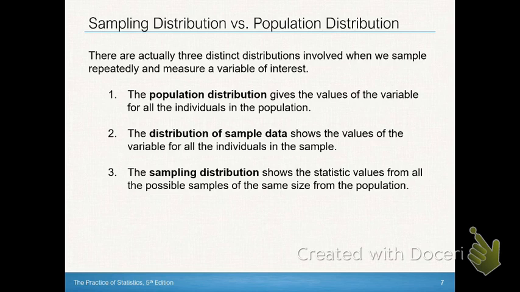Maybe we took a sample of size 10 and put those 10 subjects onto a dot plot. That would be a distribution of sample data. Now, if we take a sample of 10 people, find the average, and put that as a dot on the dot plot, and then do another sample of 10 and put that as a dot on the dot plot, and then take another sample of 10 and put that as a dot, and we keep repeating that, that is what we call a sampling distribution.